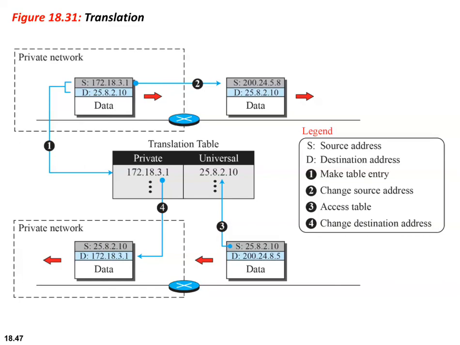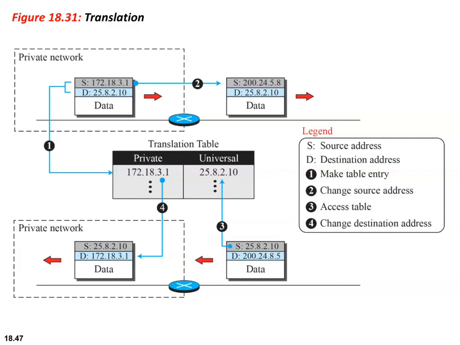So along with the data we have a source and the destination address, and first a table entry is made with respect to that source address, which is the destination address, that is a universal address, and the network address translation router changes the source address from the private address to the global address.